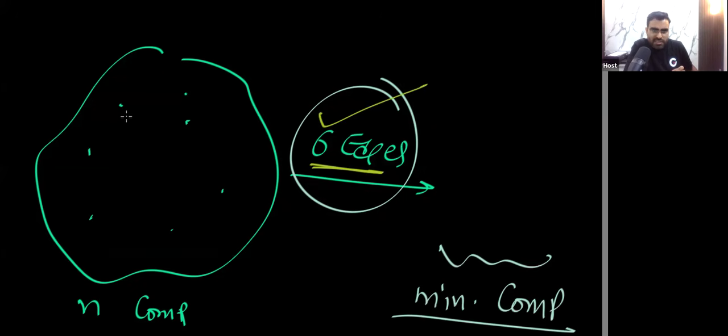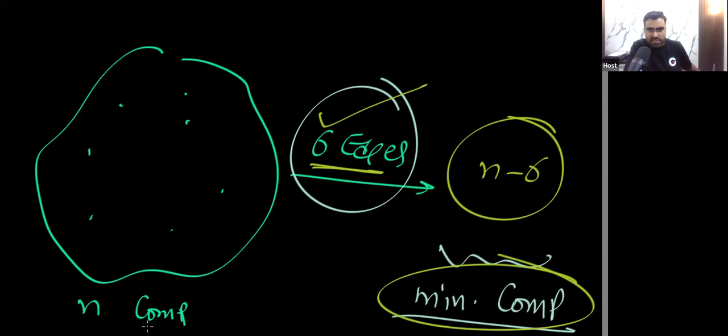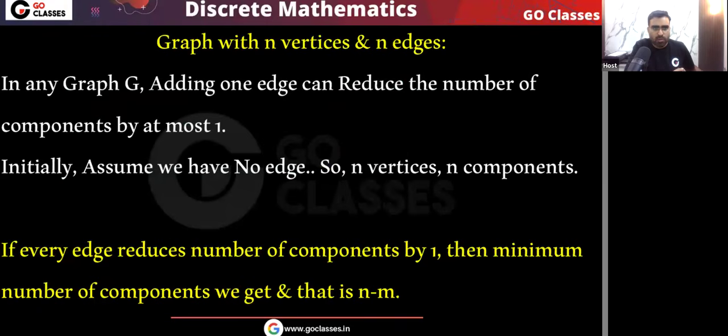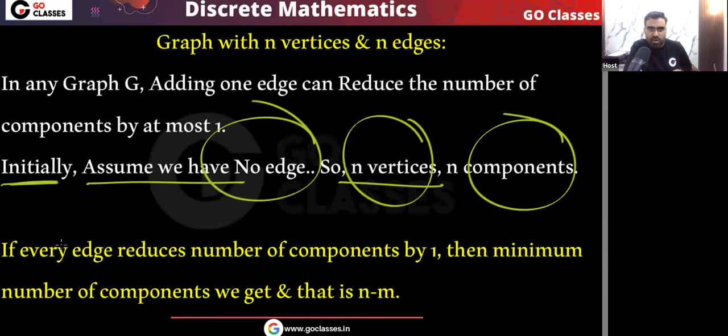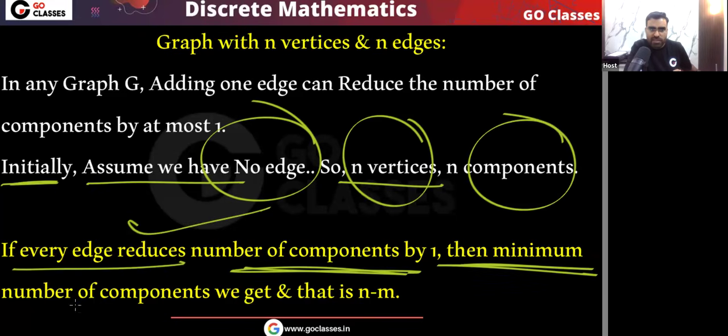So finally, if I add six edges, the number of components reduces by six, and the minimum number of components that I will get will be n minus 6. This is the simple proof. I hope you understood. This proof I've written here, please read it: initially assume there is no edge, so n vertices have n components. If every edge is reducing the number of components by 1, then I will get the minimum number of components, that will be n minus m.